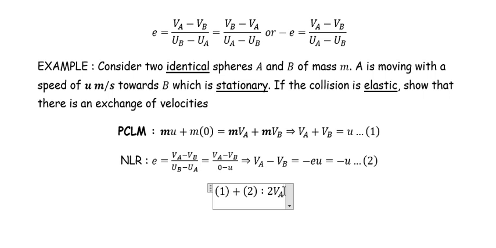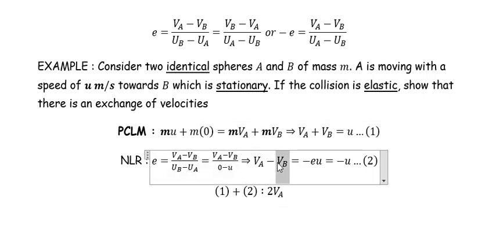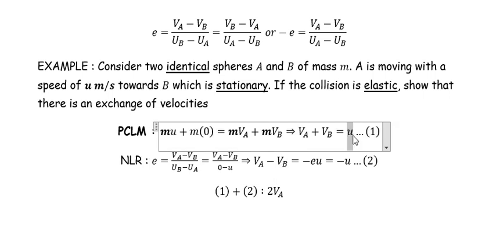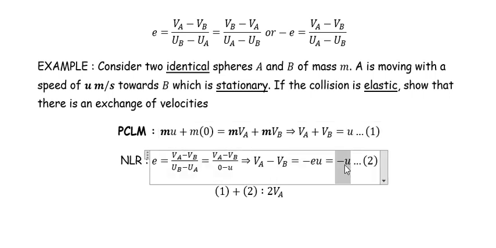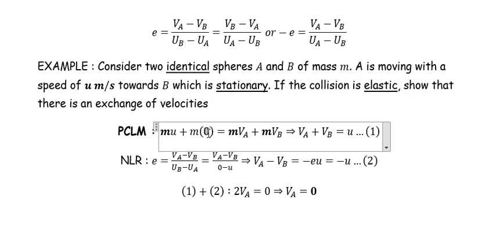VB will add up with negative VB to give us 0. u will add up with negative u to also give us 0. So 2VA is equal to 0, which means VA is equal to 0. You see that VA is now 0, and this 0 was actually the initial velocity of B. So there is an exchange of velocity.